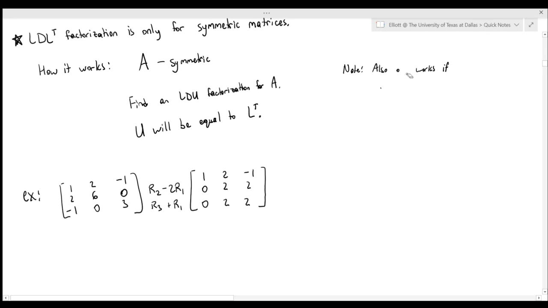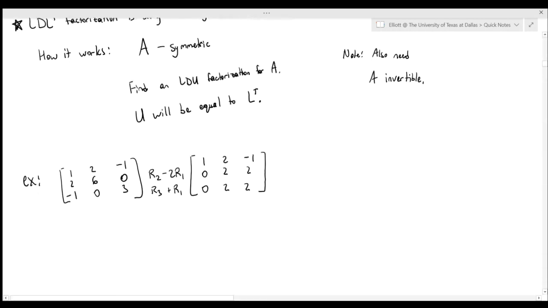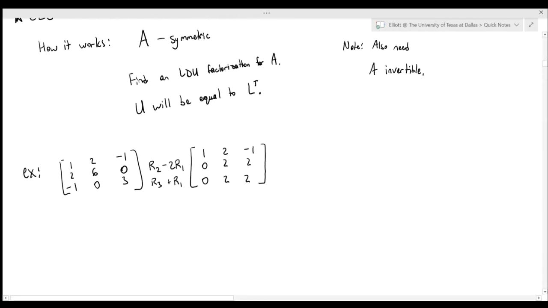Let's just say, in addition to A being symmetric, we also need A to be invertible for this to really work. Okay. Meaning that I can't get a row of zeros when I'm reducing to the upper triangular matrix. And well, I guess we'll see why when we do it, okay?